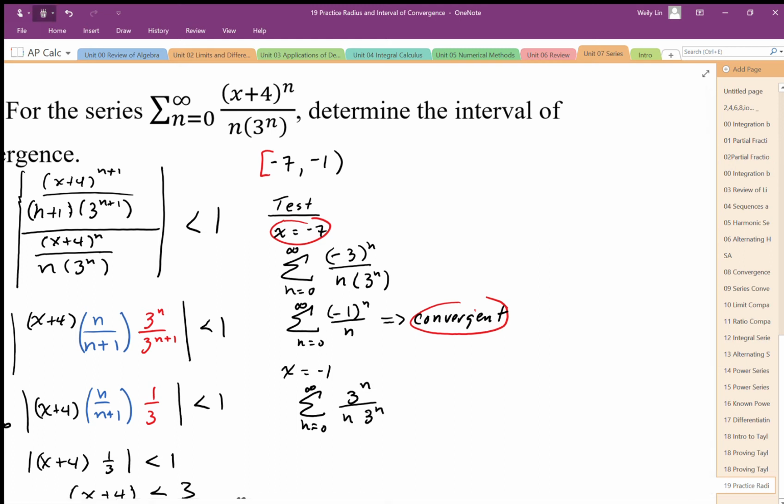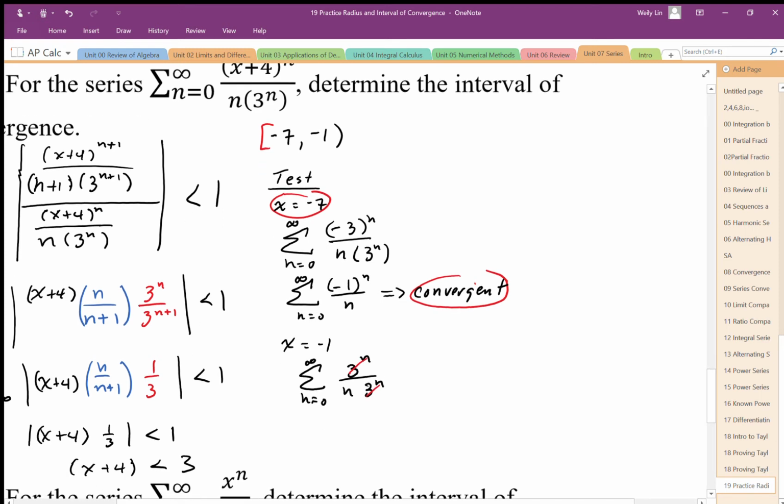Those 3 to the power n's are going to cancel out. And we're going to end up with just a harmonic series, which is divergent. n equals 0 to infinity, 1 over n. This is divergent. Okay, so that endpoint we're going to not include as part of our interval.